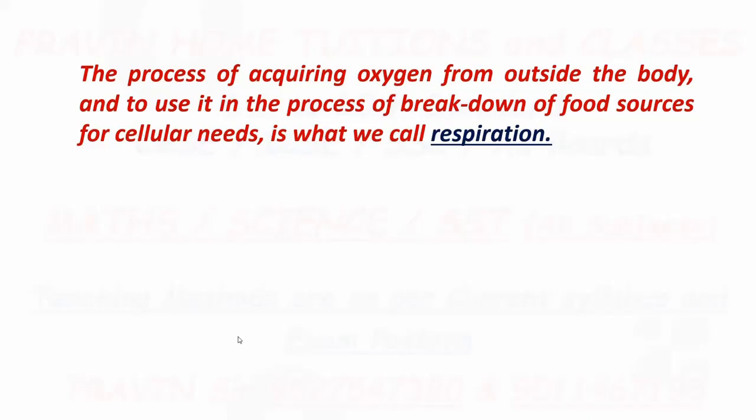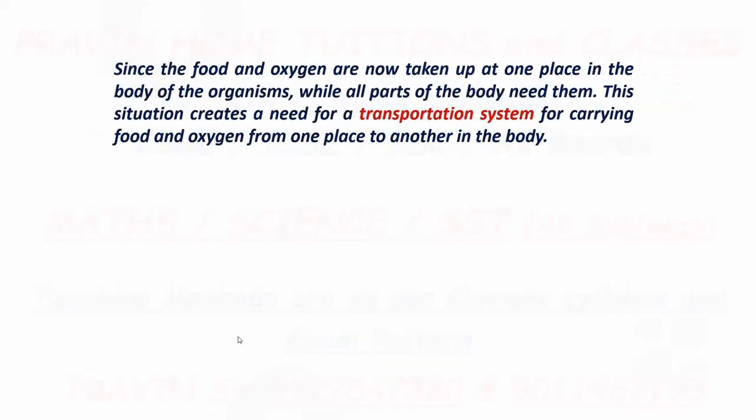Respiration is the main process. In respiration, oxygen is taken from the outside and used in the process of breakdown of food resources for different cellular needs. So oxygen is taken, and food is taken into the body from outside, which is collected at one place in the body.